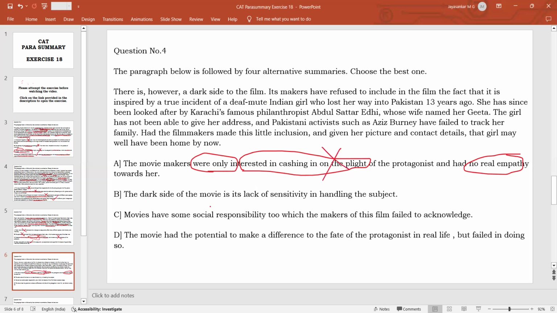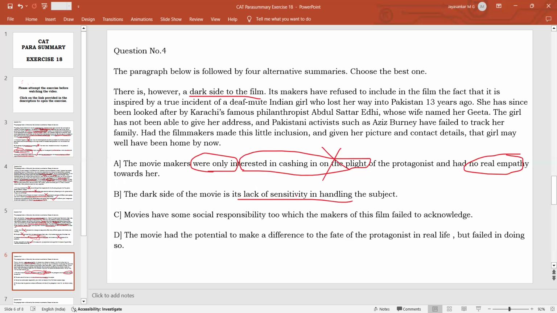Option B, the dark side of the movie is lack of sensitivity in handling the subject. The dark side of the movie is not about the lack of sensitivity. It is about not giving the details of the girl in the movie, which should have helped in repatriating or rescuing the girl. That is the problem. It is not about lack of sensitivity in handling the subject. Lack of sensitivity means the filmmakers were very insensitive in portraying the girl in the movie.